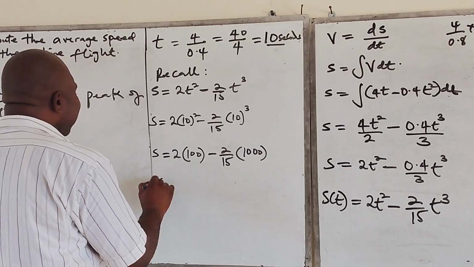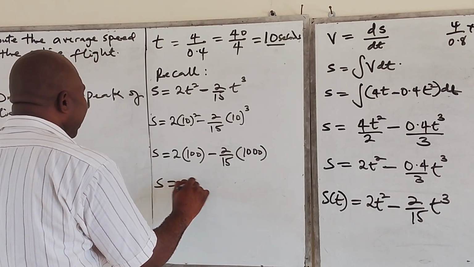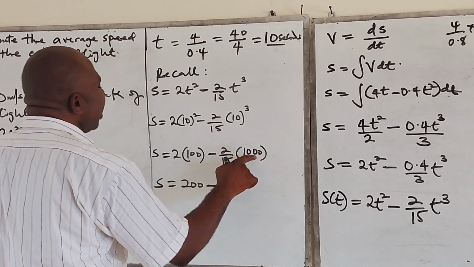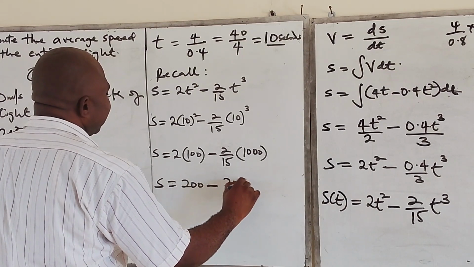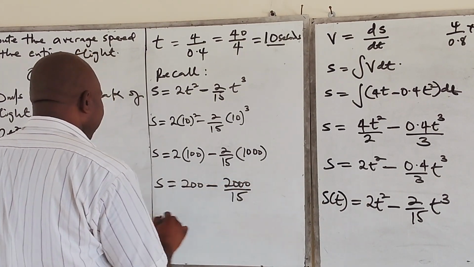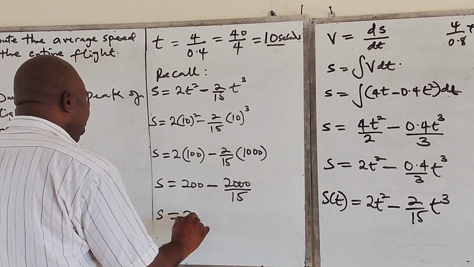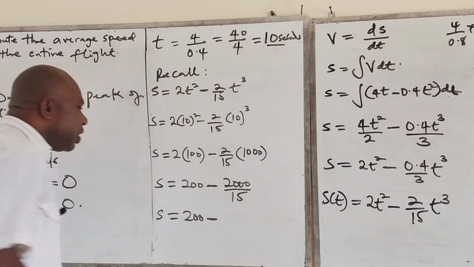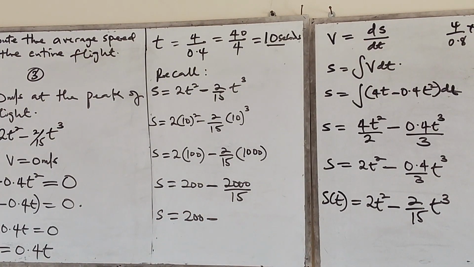So it therefore means that our s now will be equal to 200 minus 2 times 1000, which is 2000, divided by 15.